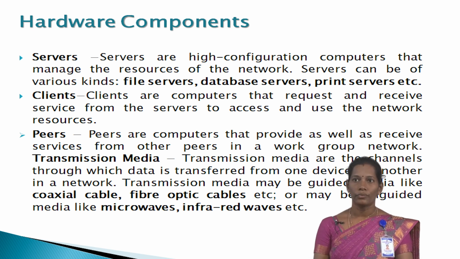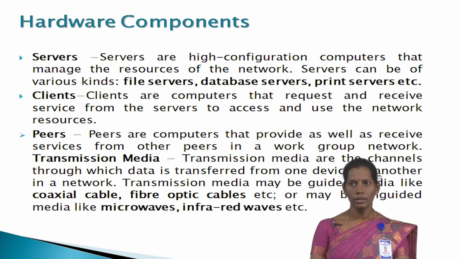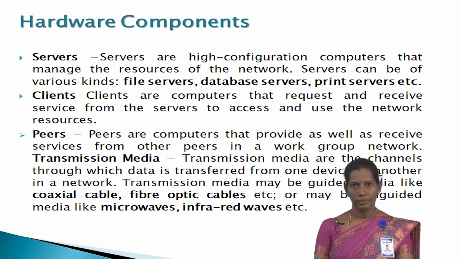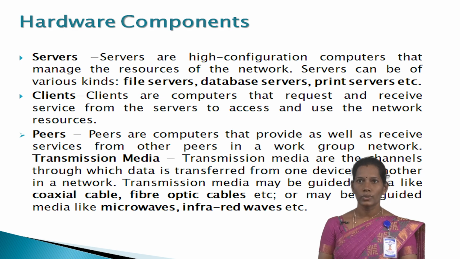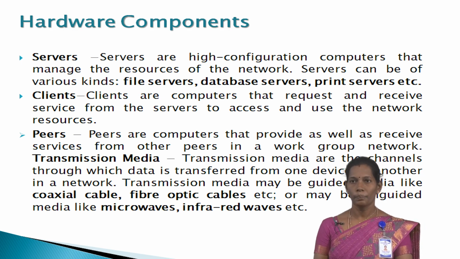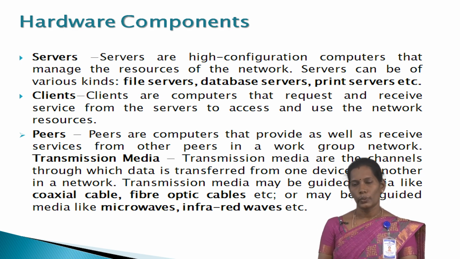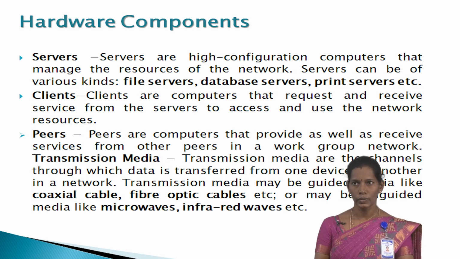Servers can be of various kinds, for example file server, database server, print server, etc. Clients. Clients are computers that request and receive service from the server to access and use the network resources. Peers. Peers are computers that provide as well as receive services from other peers in a workgroup of networks.